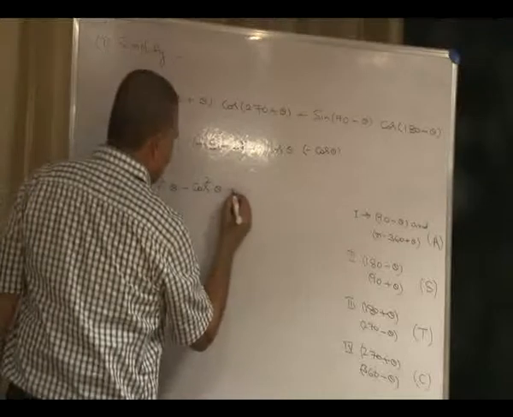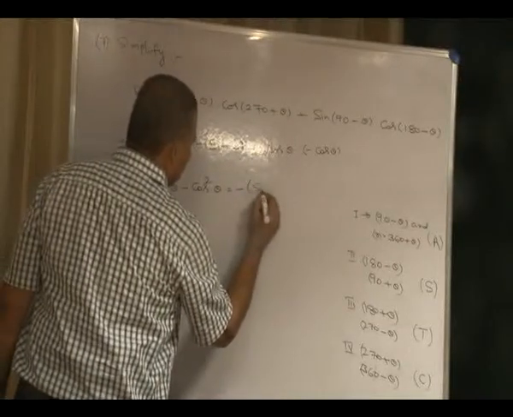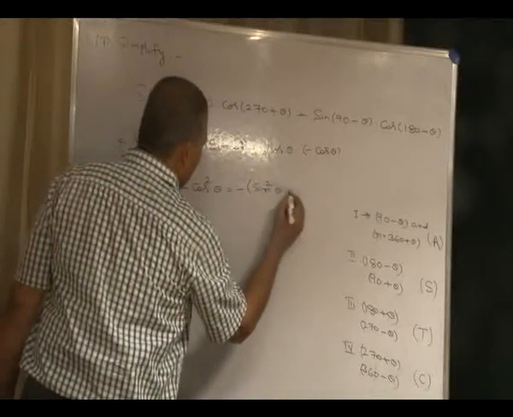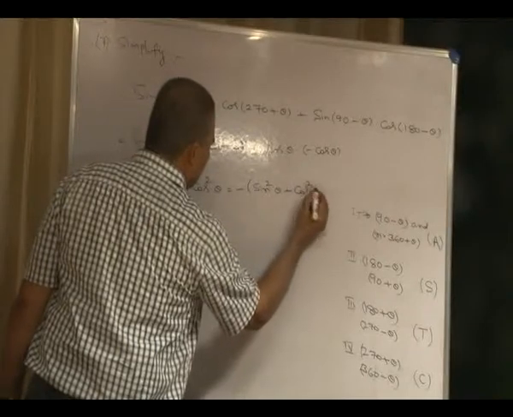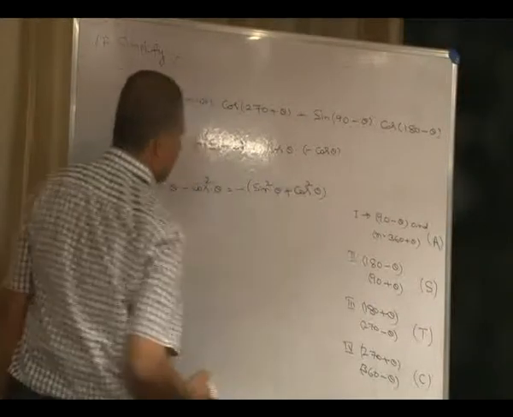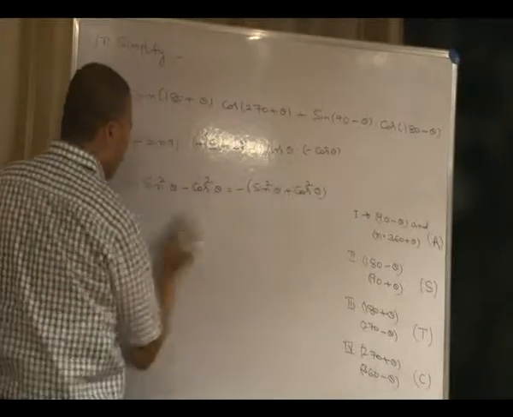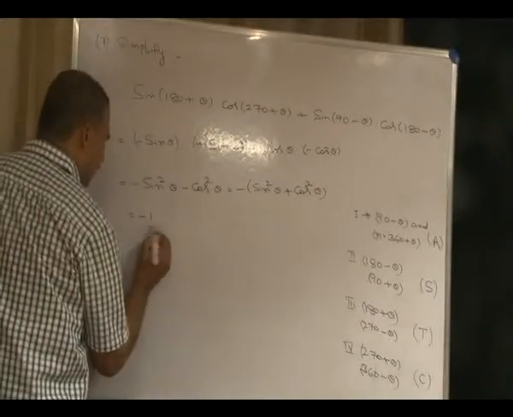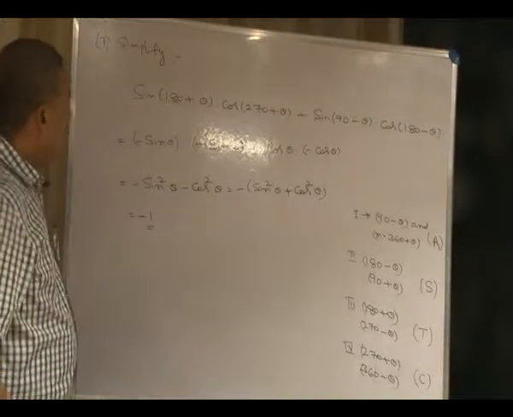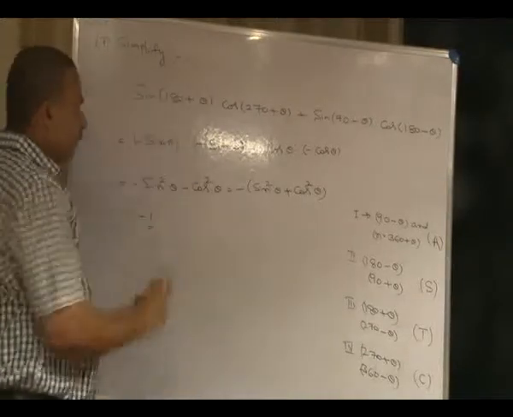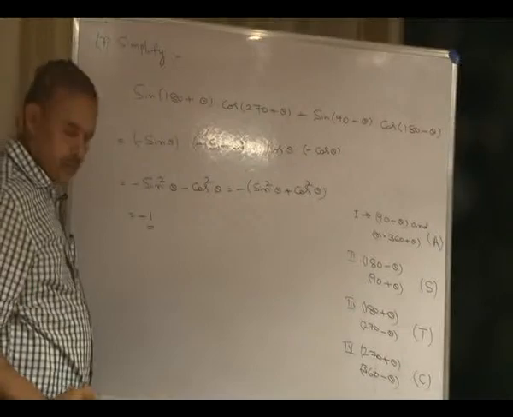Those two terms, minus sign is the common factor, that is minus of sin square theta plus cos square theta. The value of sin square theta plus cos square theta is 1. So, the value of the given problem is minus 1.